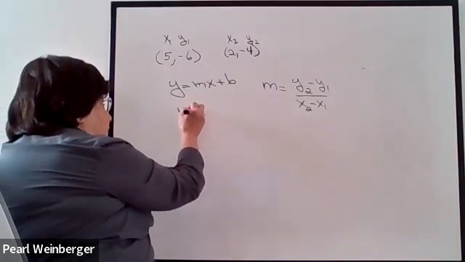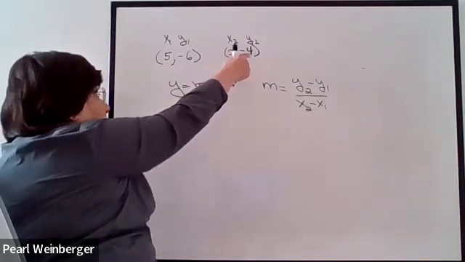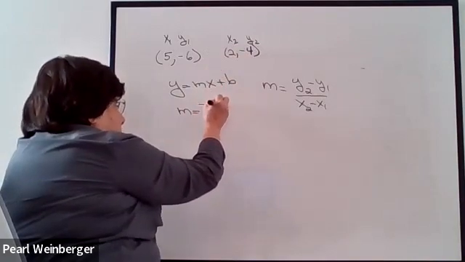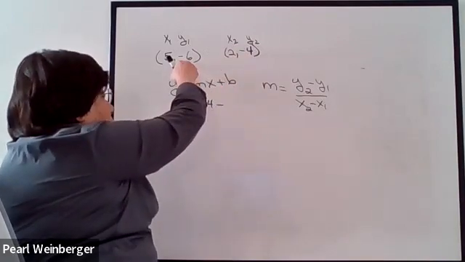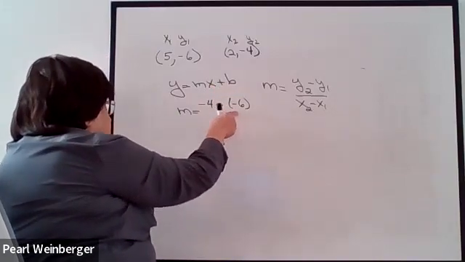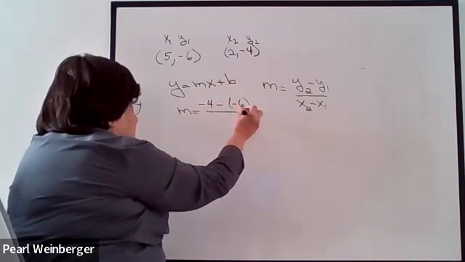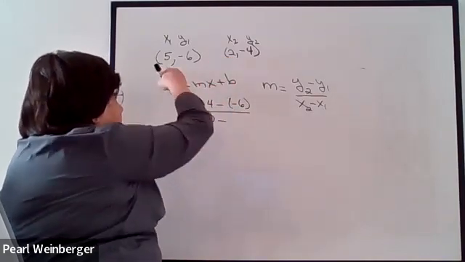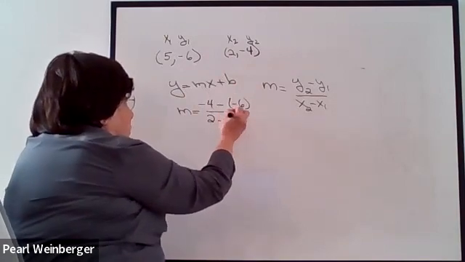So if we do that for this particular line, we're going to take our y2, which is -4, minus our y1, which is -6. I'm going to have to be careful because there are two negatives here. Over x2, which is 2, minus 5, the x1.